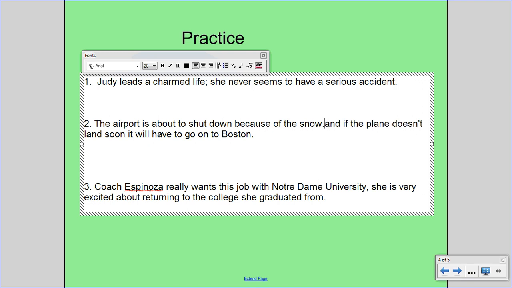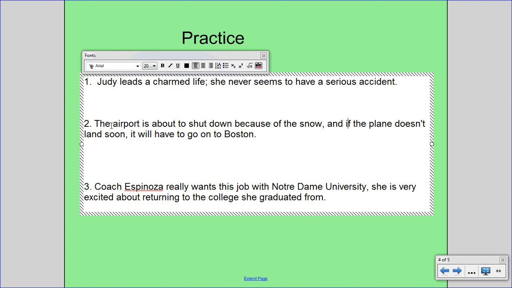So we could say, period, capitalize the I, and have it read, "If the plane doesn't land soon, comma, it will have to go on to Boston." We could add a semicolon, or we could add a comma and an "and." Now, in this case, if you have the comma and "and" or the semicolon, you're still left with this other conjunction over here.